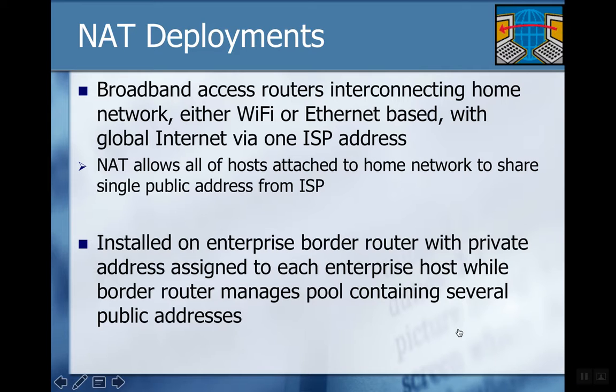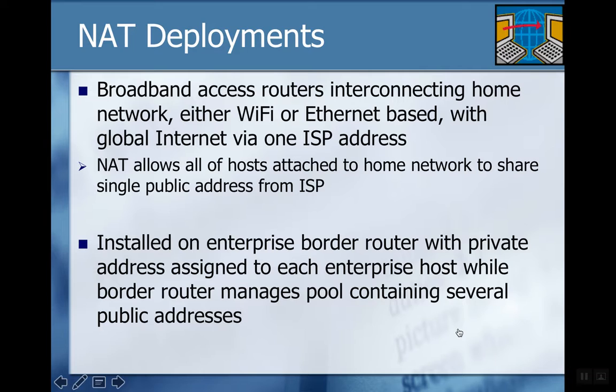You'll see a lot of NATs in houses. Most home networks will have some sort of broadband access with a NAT device serving as a combination wireless access device, firewall, and network address translation.